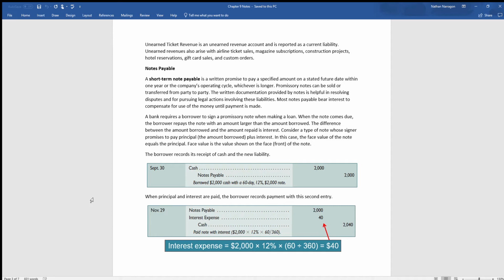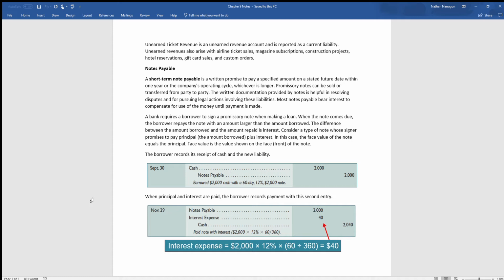So let's take this example that we've got. This borrower has basically taken $2,000 of cash from the bank, and it's going to be on a 60-day, 12% annual, $2,000 note. Okay, so 60 days, 12% annual, 2,000.